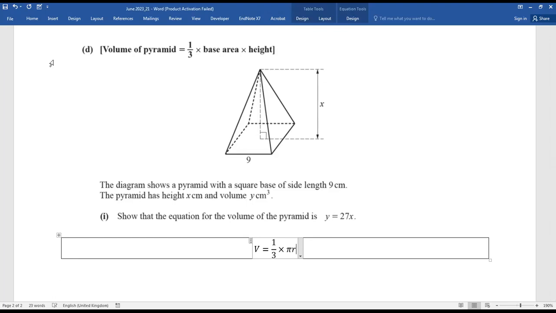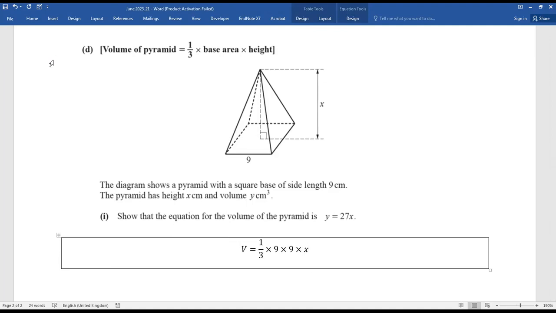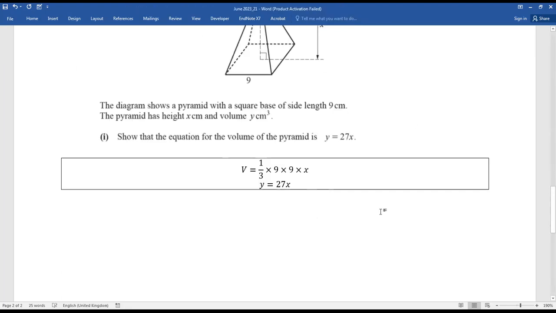We can write, it's a square, so 9 into 9, that is the base area, and height is x. So the volume is y, and that is equal to 27x. That is how we can find the volume of the pyramid. Remember here, x is a variable, and we need to think of it like a variable.